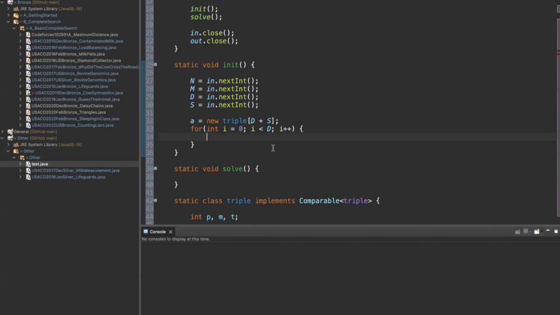And in this for loop, I'm going to create a new triple for each element in the array.